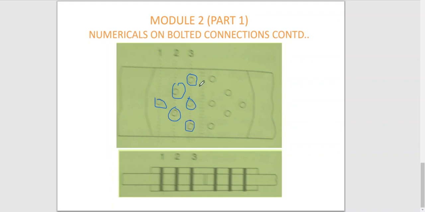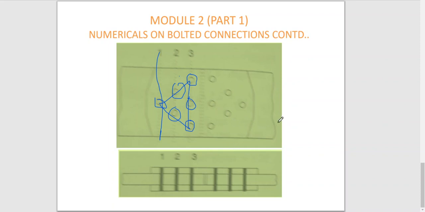So 6 bolts in a diamond pattern, with the first bolt line, second bolt line and third bolt line shown here like this, and 2 cover plates of 8 mm thickness, and these are 10 mm plates or flats. So this is the detailing.